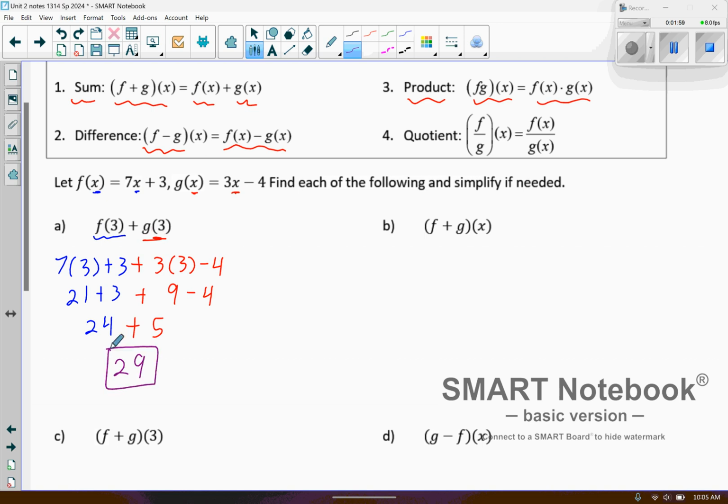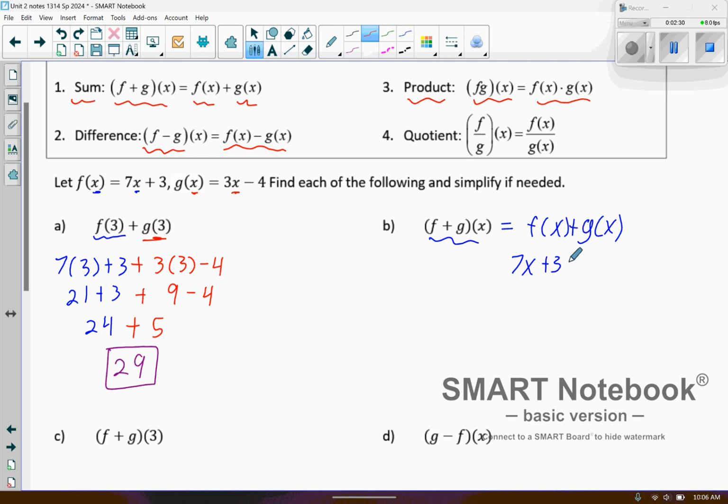Okay, so what we're going to do here now is I have the notation here for the sum of f plus g of x, which is equivalent to f of x plus g of x. And so what we're going to do is we're going to leave the x's in place for right now. So on my first function, the f function, that's going to be 7x plus 3.